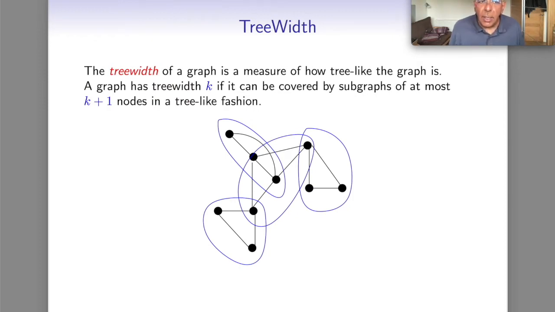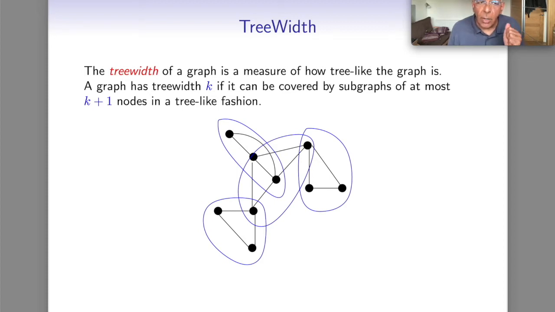Roughly speaking, a graph has tree width k if you can cover it with subgraphs of at most k plus 1 nodes in a sort of tree-like fashion. Okay. This is a sort of brief picture. The black circles are nodes in the graph, the black lines are edges, and the blue shapes are covering bits of the graph, and the shapes are connected in a tree-like fashion, which we can formalize.